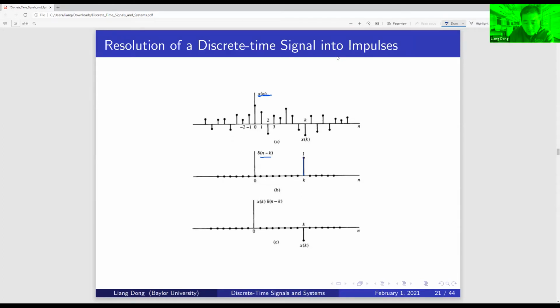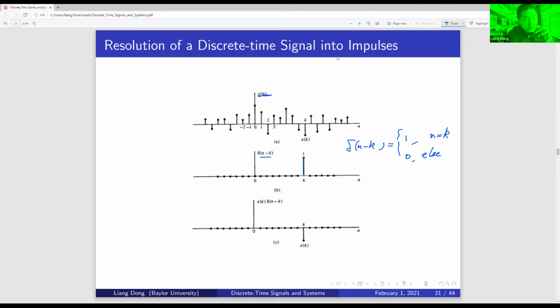Here it's a 1. This is a discrete time delta function. So delta[n minus k] equals 1 when n equals k, and equals 0 elsewhere. Sum everything together, it gives you 1.